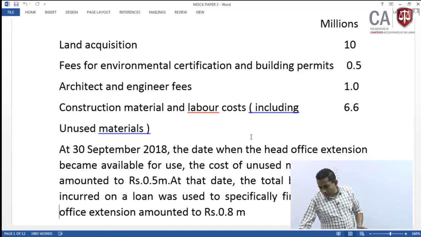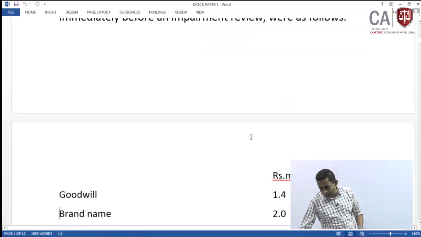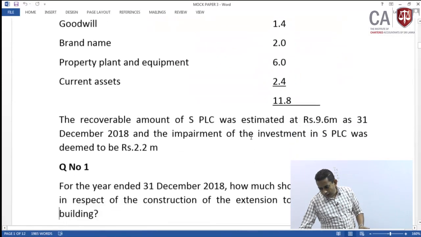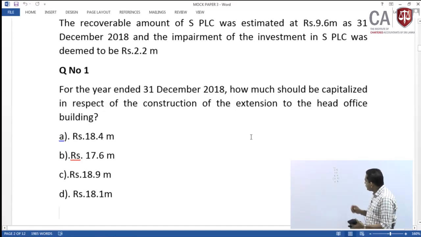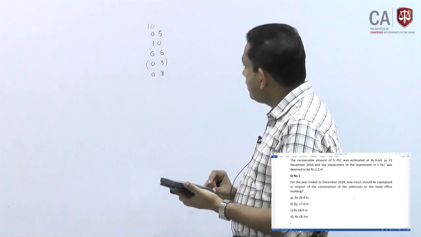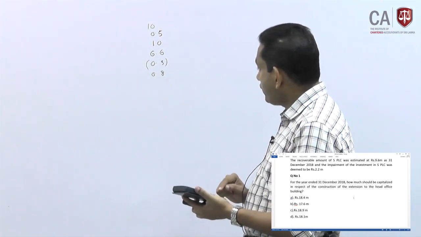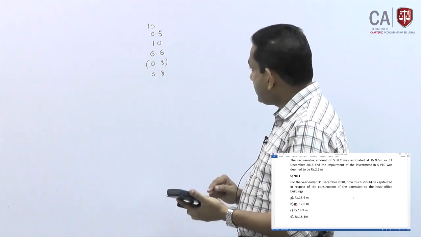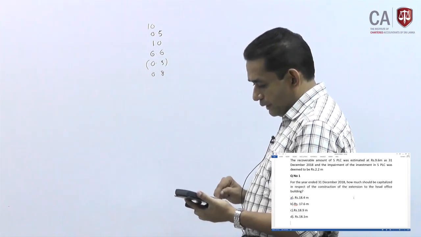So that's all about it, and see what the final cost has to be. Let's keep adding those items of cost incurred and we'll conclude the final amount. 10 plus 0.5 plus 1 plus 6.6 minus 0.5 plus 0.8.